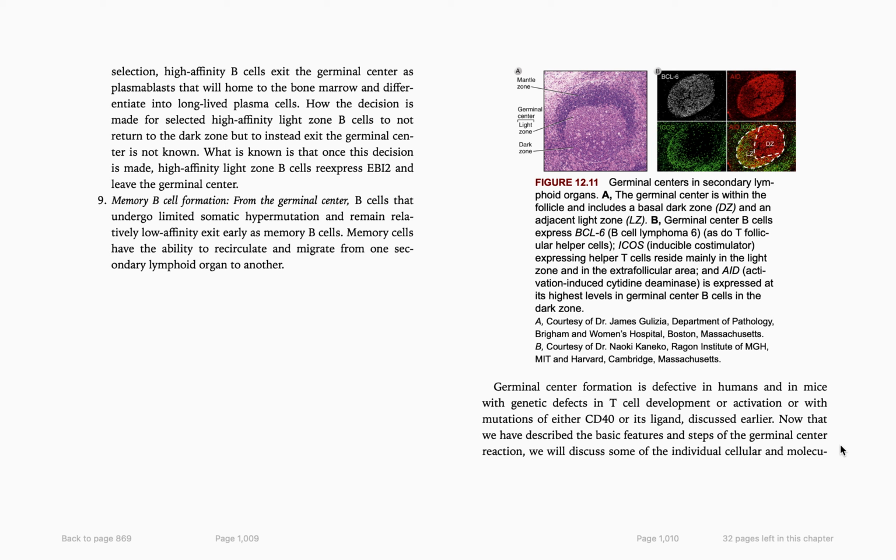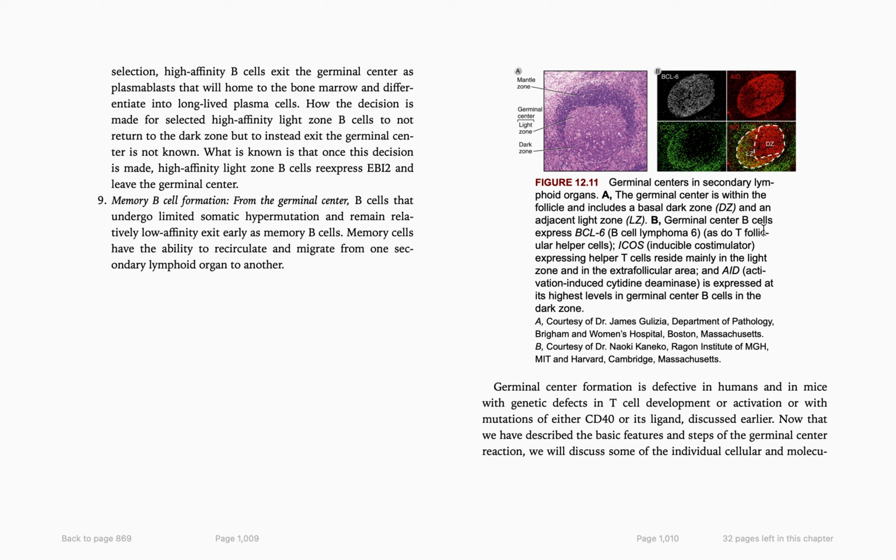That should be explained. So we see this is the germinal center. This is the expression of the germinal center in secondary lymphoid organ A. The germinal center is within the follicles and includes basal dark zones, this dark zone, and adjacent light zones.